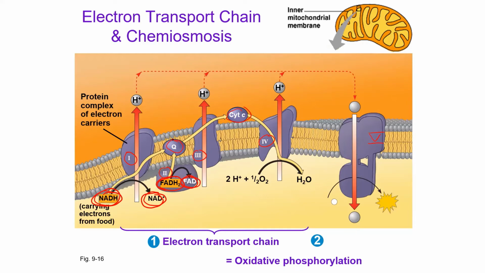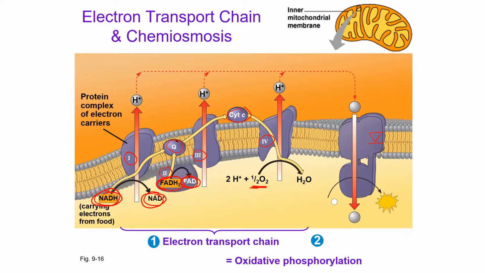But what you can see is going on is that the electrons from that bond in NADH are transferred to the first protein, and then they're transferred to the next one, and the next one, and the next one. If you take a look at this one, it goes from complex 1 to Q, to complex 3 to cytochrome C, complex 4, and eventually, during this transfer, those electrons end up on that final product, and that final product is oxygen.